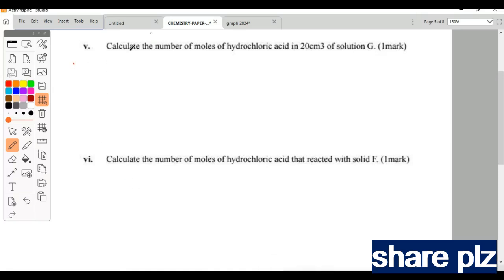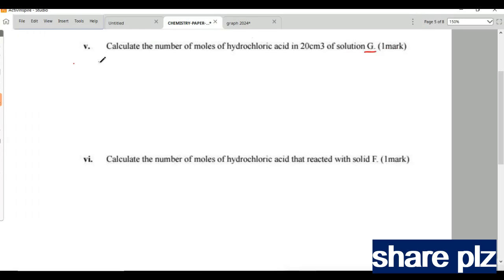Calculate the number of moles of hydrochloric acid in 20 cm³ of solution G. Solution G is the original solution. We were told that it was 2 molar.